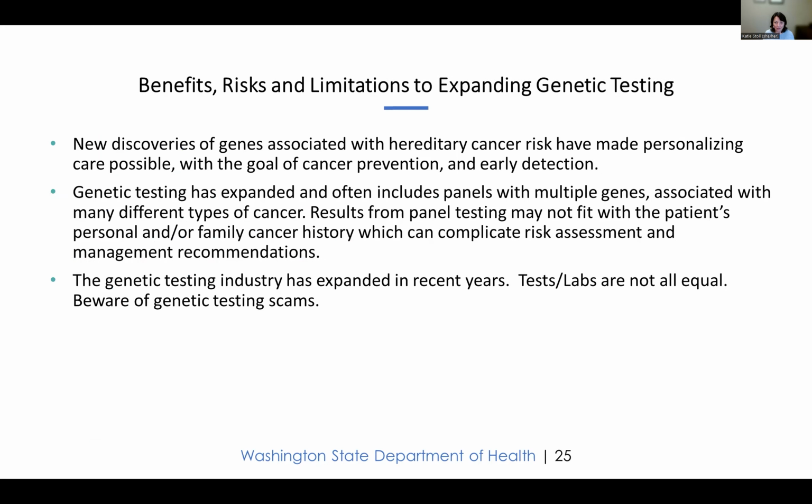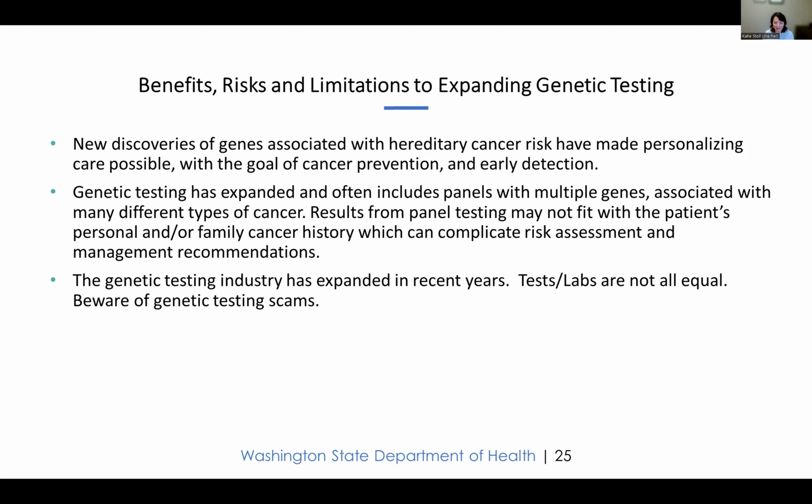So in summary, there have been many new discoveries of genes associated with hereditary cancer risk that have made personalizing care possible. Genetic testing has expanded, and now oftentimes we're using panels that look at multiple genes associated with many types of cancer. Sometimes this can be very informative and allow for preventative and risk-reducing strategies for patients.